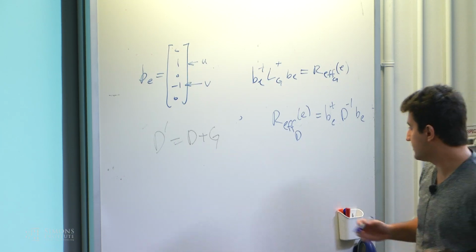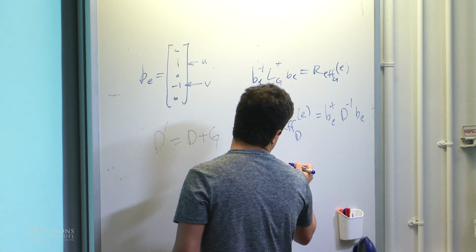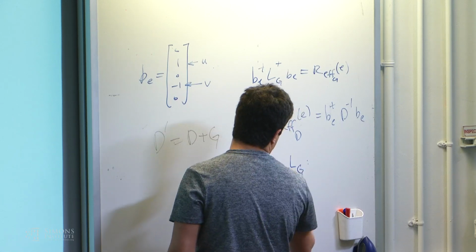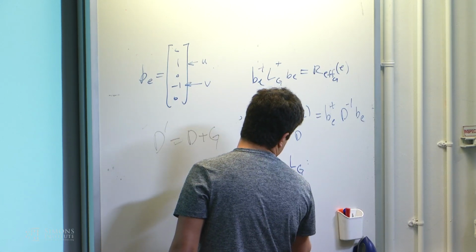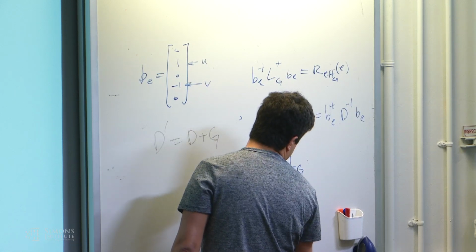The point is that if D is the Laplacian of some graph G, then this thing is the effective resistance in G.